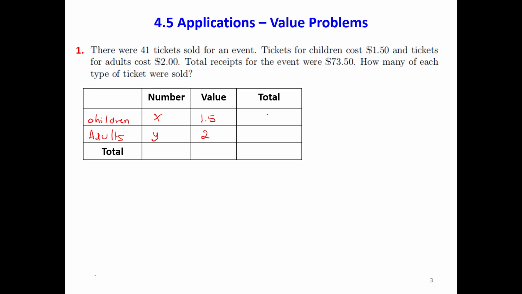To get this column, we multiply x times 1.5. It is the number of tickets multiplied by the value for one ticket. Then we can find the total cost for the children's tickets.